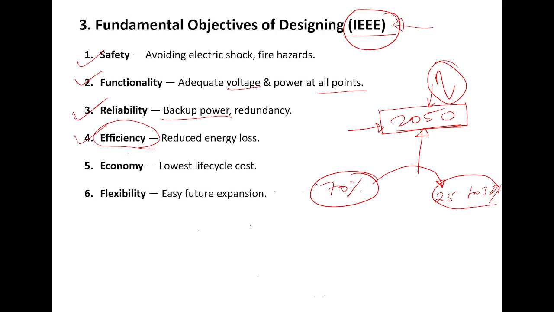So nowadays we are taking into consideration efficiency, reducing energy losses, then economy. This is also another factor, and flexibility, so that you can use the same system after 10 or 20 years by adding some more load. So these are the fundamental objectives of designing: safety, functionality, reliability, efficiency, economy, and flexibility.